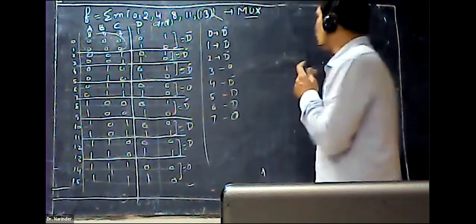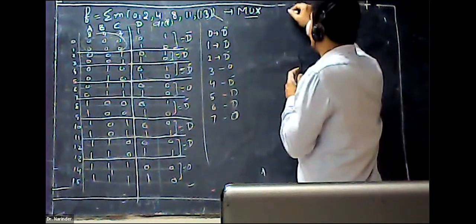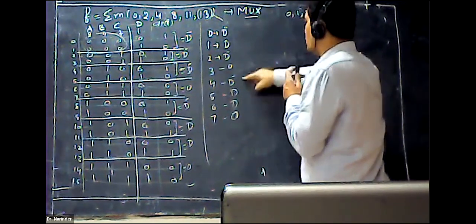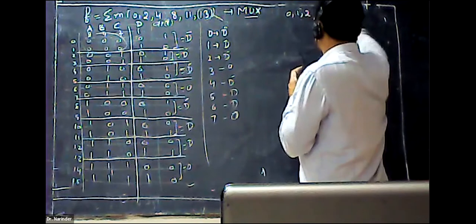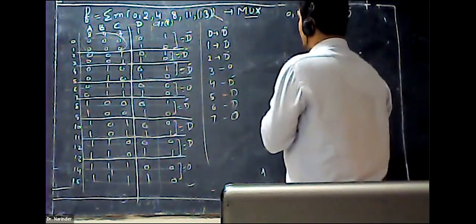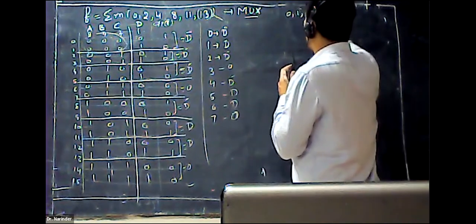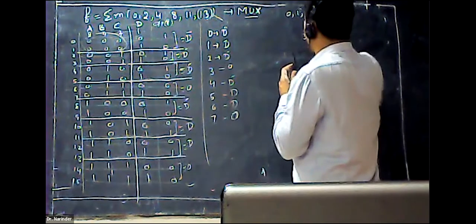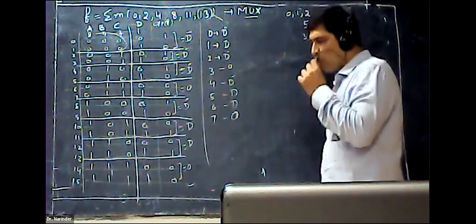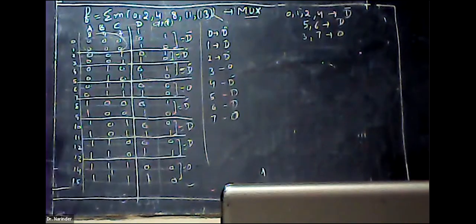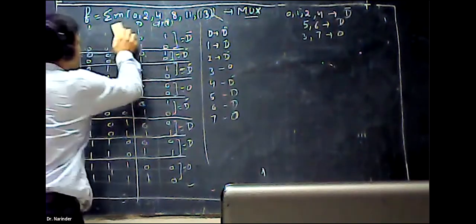So we have concluded that 0, 1, 2, 4 have the same value, D bar. Then 5 and 6 have the same value, that is D. 3 and 7 have the same value, 0. Coincidentally, no high value has been considered after driving it.